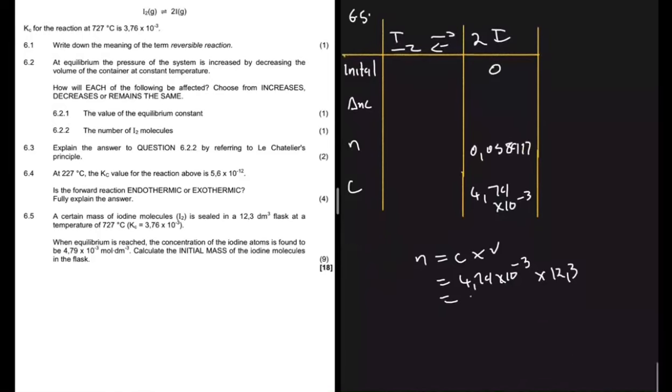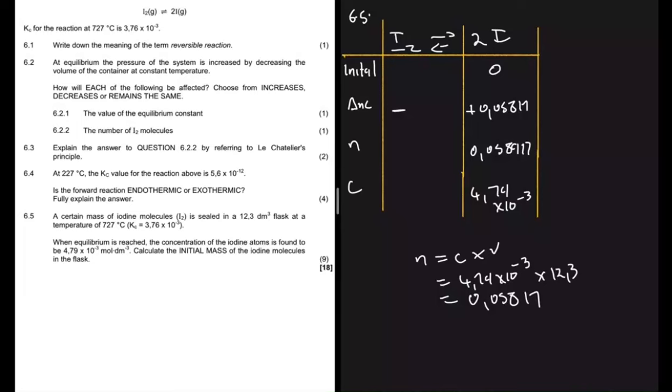Is the number we get in here. So from 0 to 0.058917, it means we had a change of plus 0.058917. And then as a consequence, if we have a plus on the products, then we're supposed to have a minus on the reactants, right?